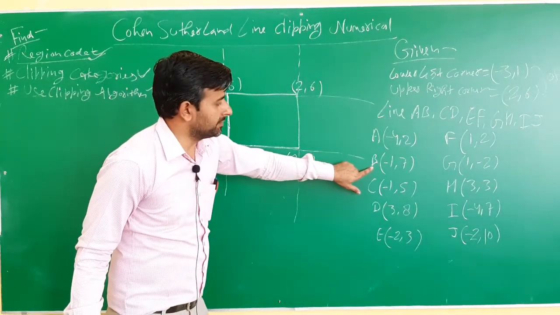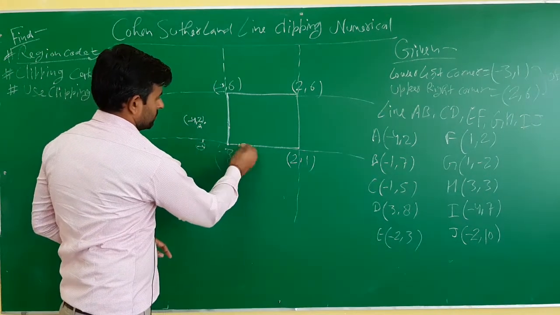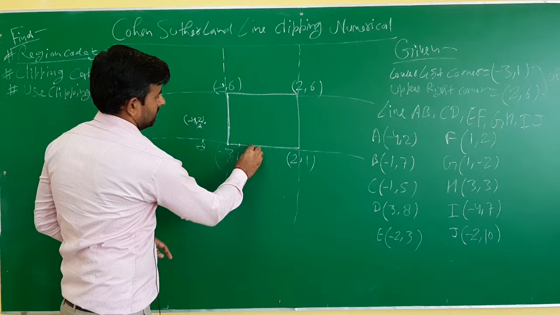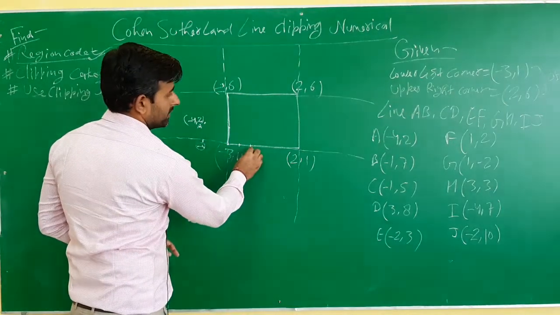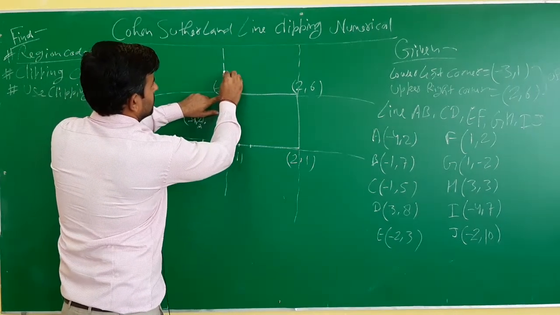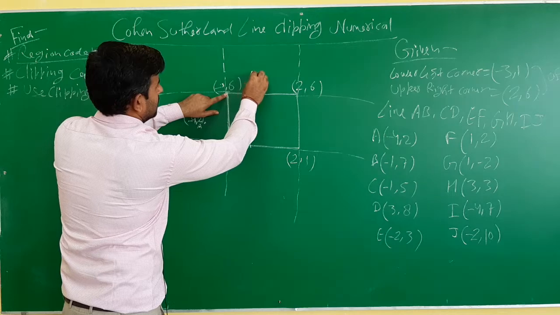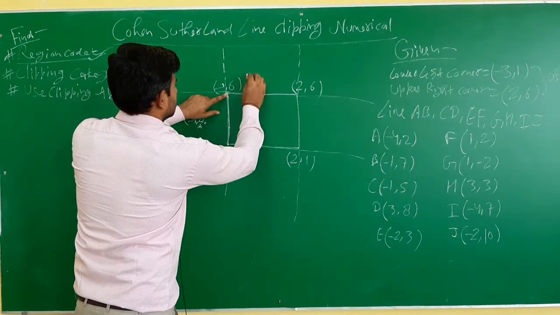Come to the point B. B is -1, 7. -2, -1 will be something like here, and 7: here is 6, then 7 will be moved upward, like here.